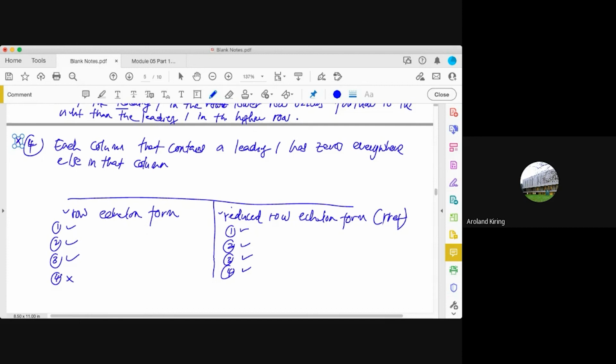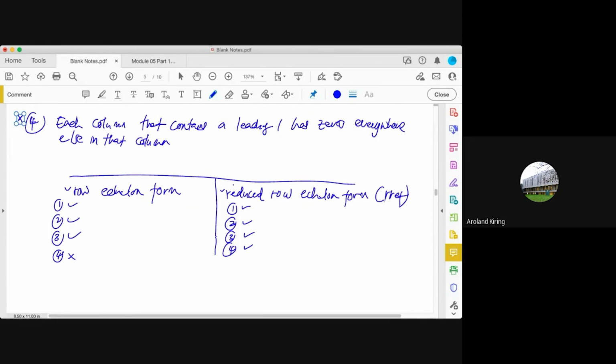Some problems you can only achieve 1, 2, and 3, so either one is a solution to your problem. So if you have an augmented matrix, if you can put it nicely into an identity matrix, it would be very good. But if you can't, you can reduce until you achieve either RREF, or you can reduce until you achieve row echelon form.